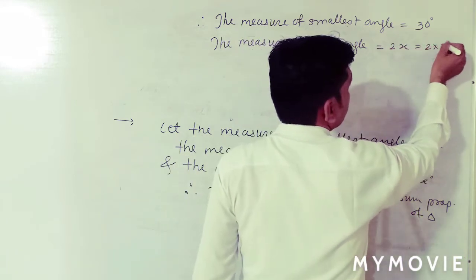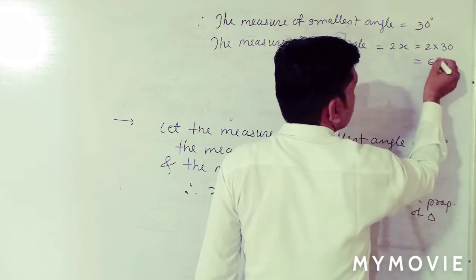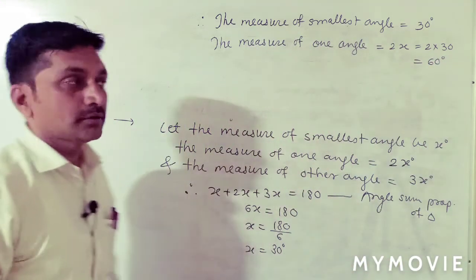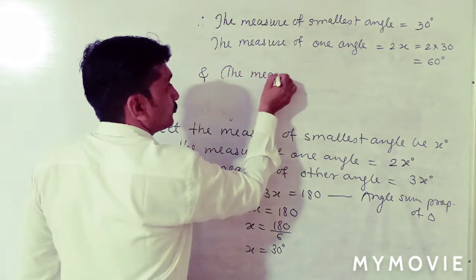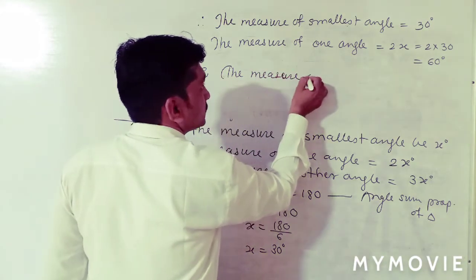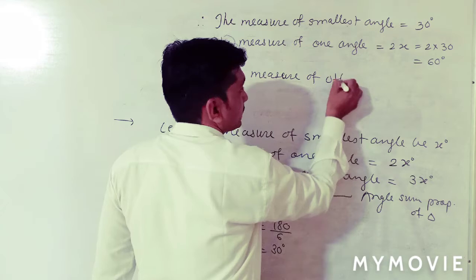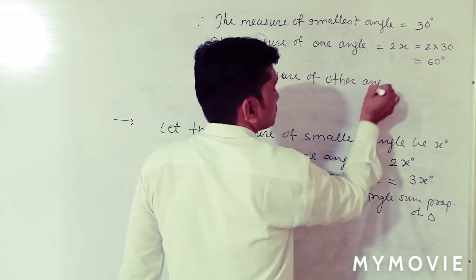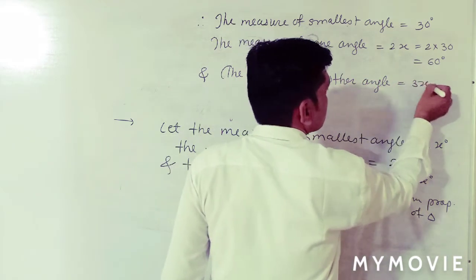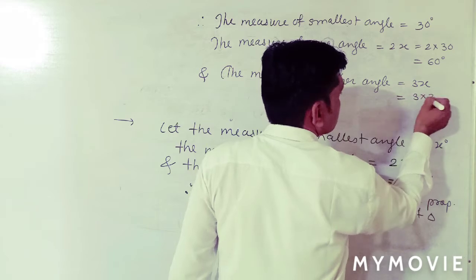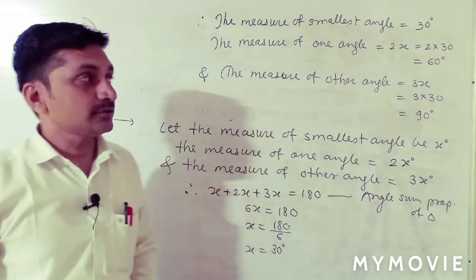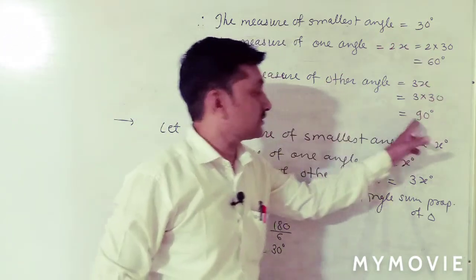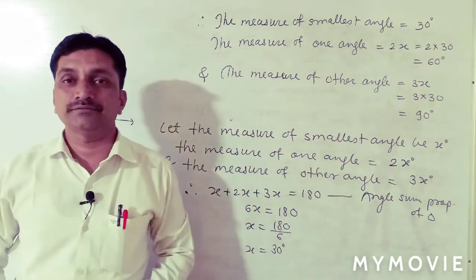It's 2 into 30 is equal to 60 degrees. And the measure of the other angle is equal to 3x. 3 into 30 is equal to 90 degrees. These are the three measures, 30, 60, 90 degrees of this triangle.